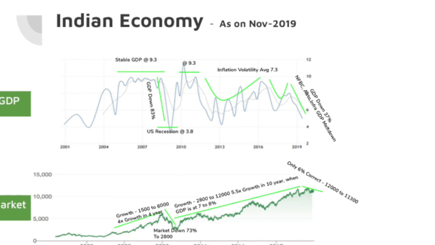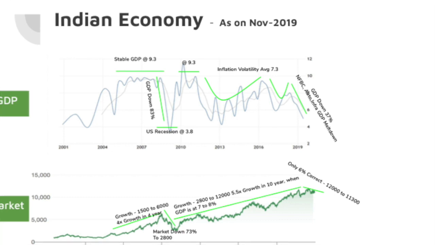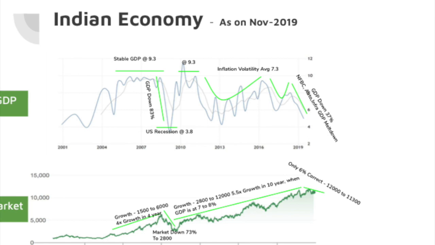One is the NBFC crisis, and we also had the auto crisis, where the auto industry is going through a major slowdown. Also, our infrastructure industry is going through a slowdown, right? That brought down our GDP number from 7.3% to 5.7 percent, right?